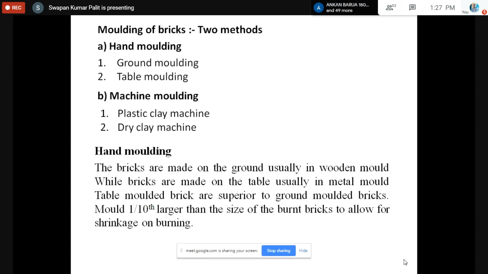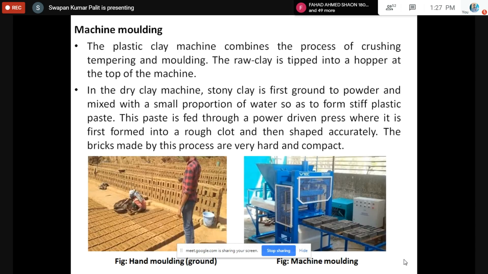Okay. After molding, what we have to do? Can you guess? What we have to do? This brick should be dried in the sun. In molding, you can see there are two pictures.